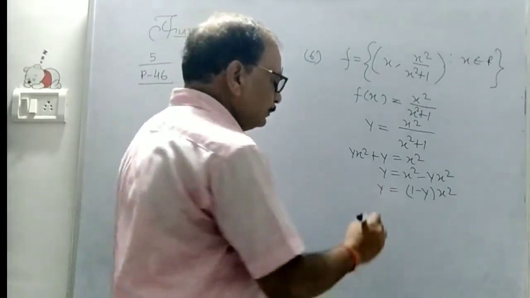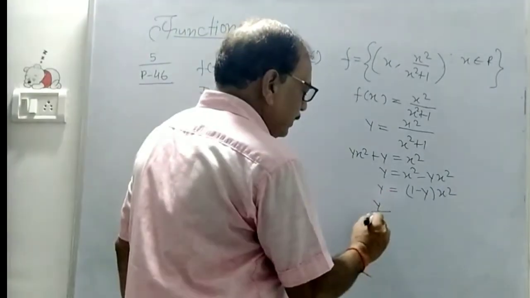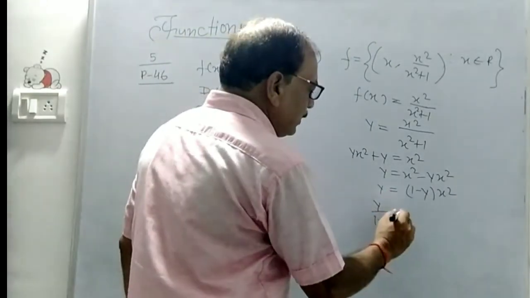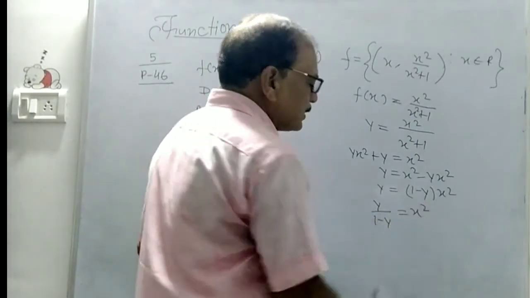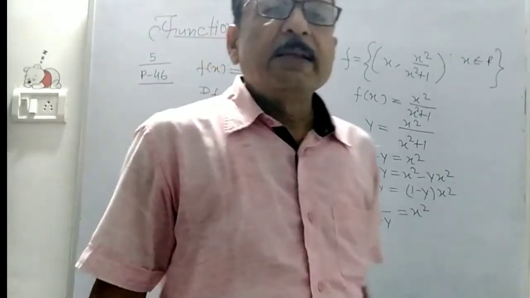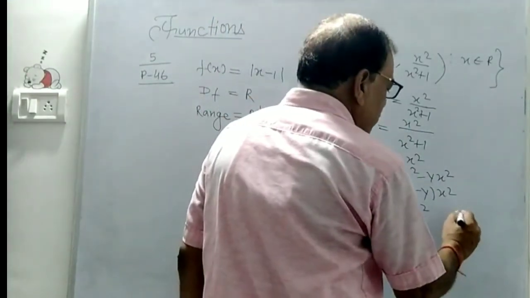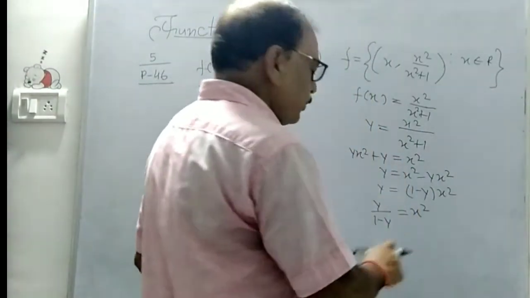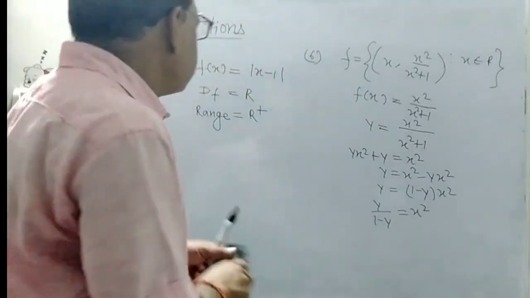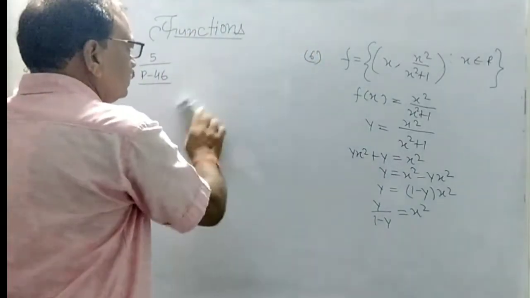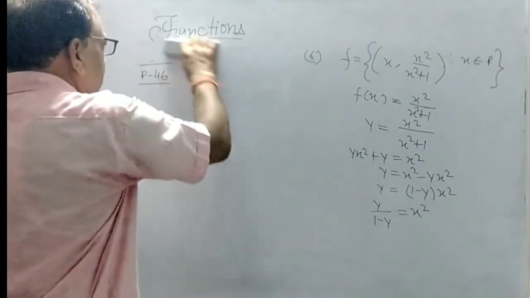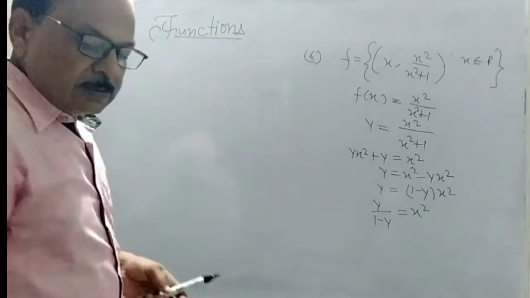अब यहाँ हो गया y upon 1 minus y, this will be x square. In this, x square is always positive.